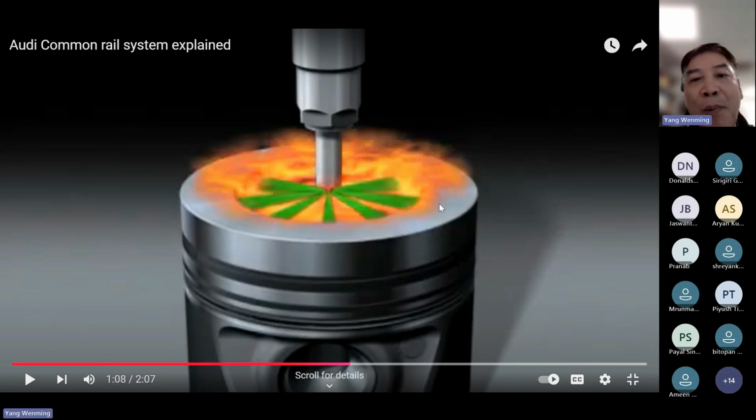And the post-injection is to raise the exhaust gas temperature, so that we can reduce the CO and HC emissions, and it can also be used for the regeneration of the diesel particulate filters.